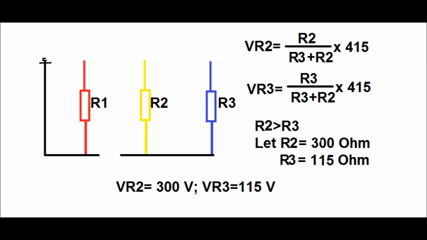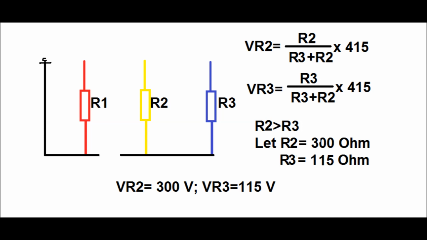Now if the load of household 3 is greater than the load of household 2, that means the resistance of household 2 is greater than the resistance of household 3.